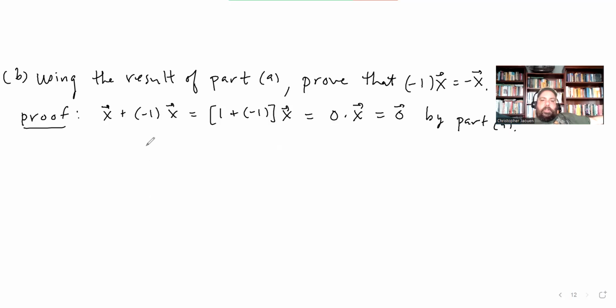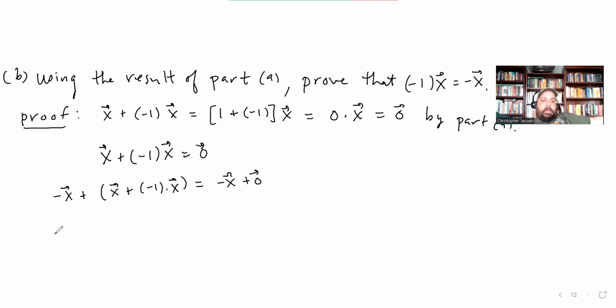So we get the equation x plus minus 1 times x is the 0 vector. And then we can add the additive inverse of x to both sides. So we can take negative x plus minus 1 times x equals negative x plus 0 vector. And I can reassociate on the left-hand side.